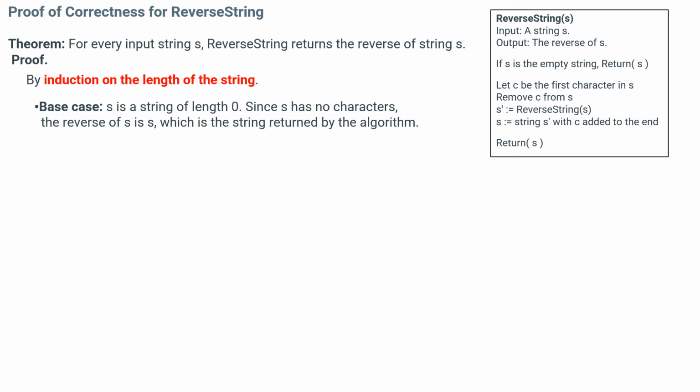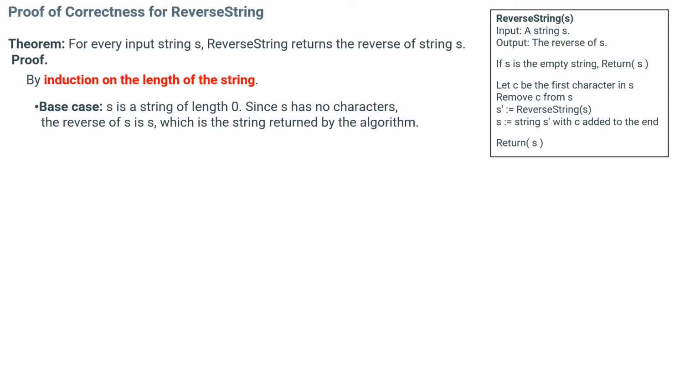Then, in a minute, we'll also say, let's assume it works for a string of size k, and let's prove that if it works for a string of size k, it will also work for a string of size k plus 1. So if we can get all of that done, then we will have completed our proof.